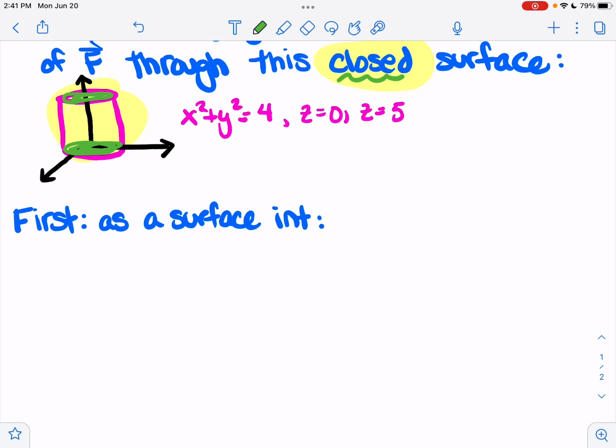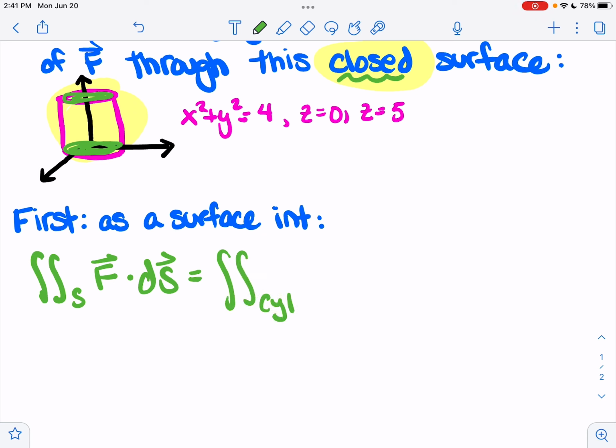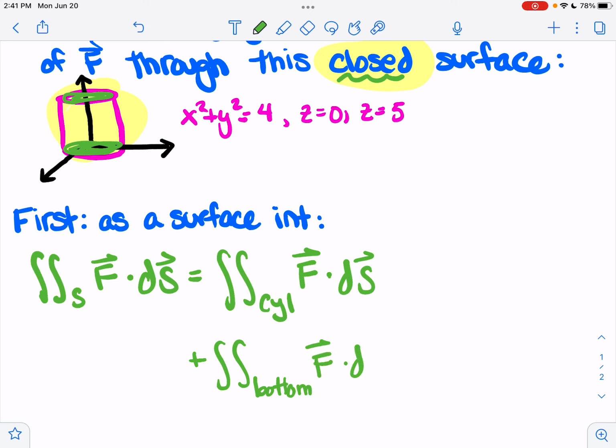16.6. So as a surface integral, we have our surface integral of F dot dS, and that's going to be the surface integral of the cylindrical side plus the surface integral of the bottom of the can plus the surface integral of the top.